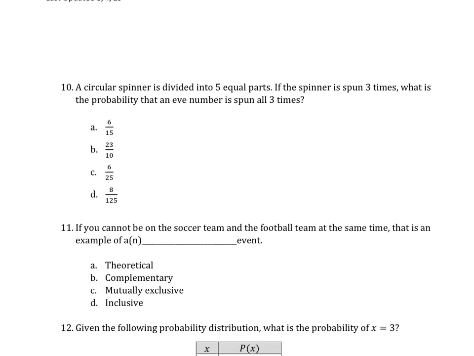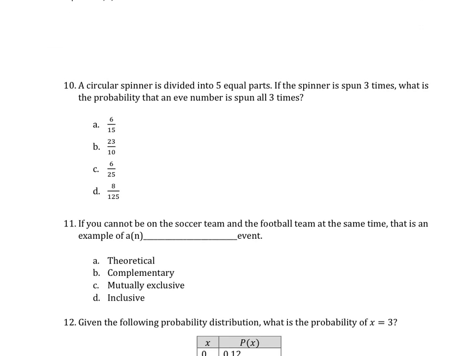And number 10, a circular spinner is divided into 5 equal parts. If the spinner is spun 3 times, what is the probability that an even number is spun all 3 times? So all 3 times, you're doing it multiple times, that means it's and probability. So we want an even, and an even, and an even.